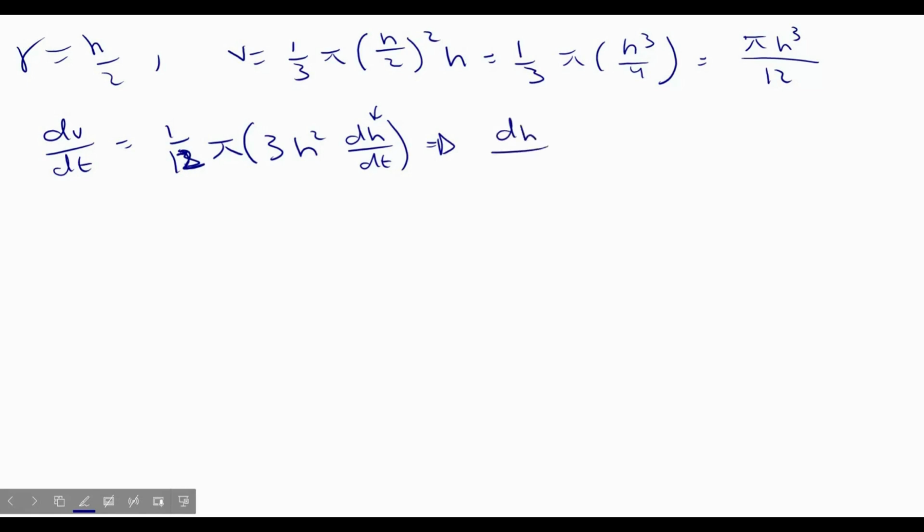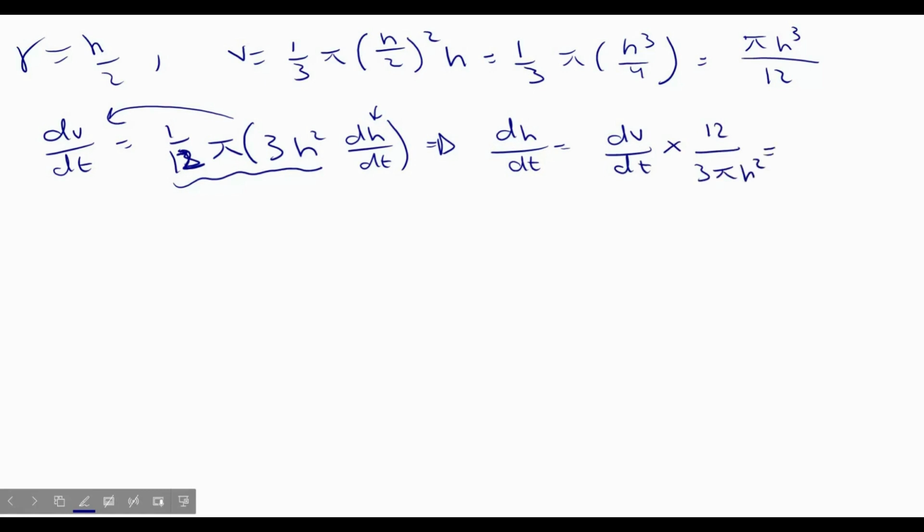So if you want to solve for dh over dt, we have to move these to the other side, which means that we have to divide by the other side. So it will become dv over dt times 12 over 3 pi h squared.